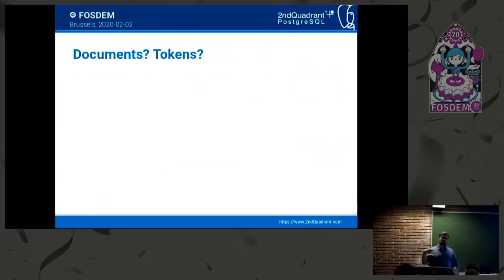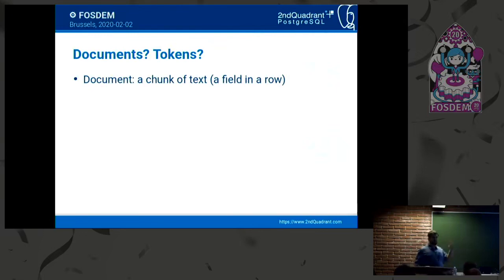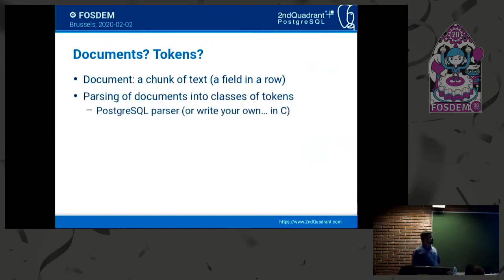But first of all, let's look at documents and tokens. So a document is a chunk of text. It's a field in a row in your database, in a table, of course. Any type of text is considered a document for this context today. Parsing of documents into classes of tokens is what needs to be done next.